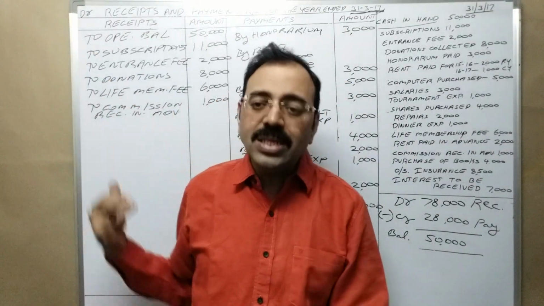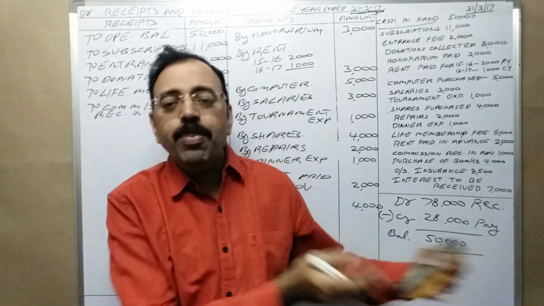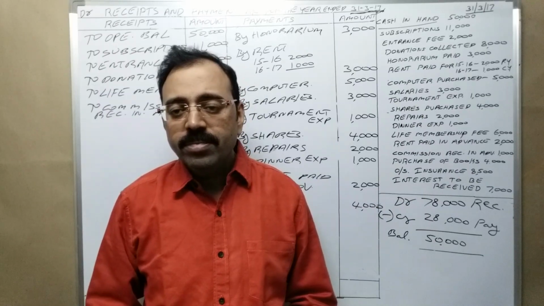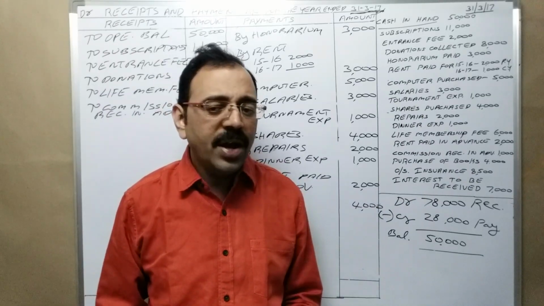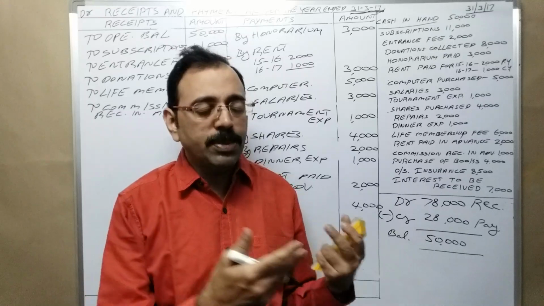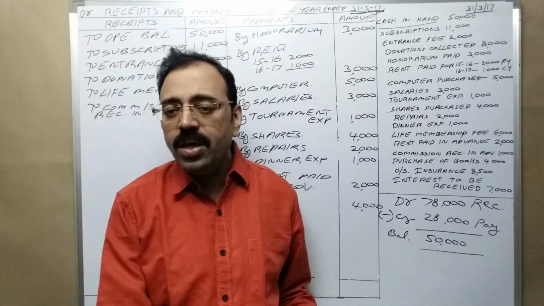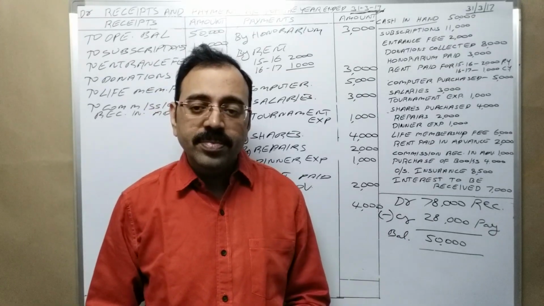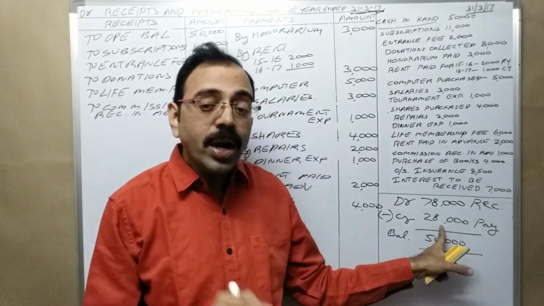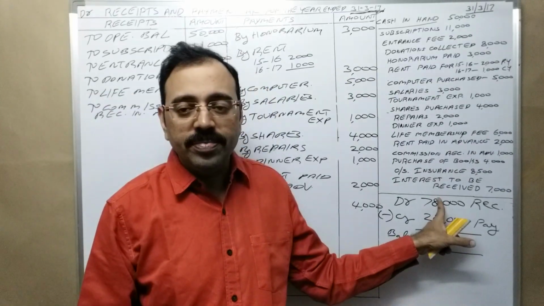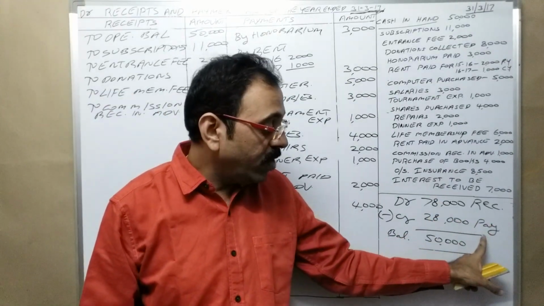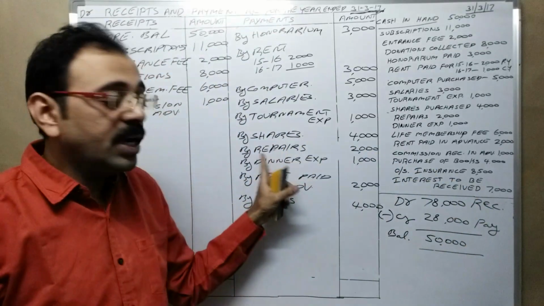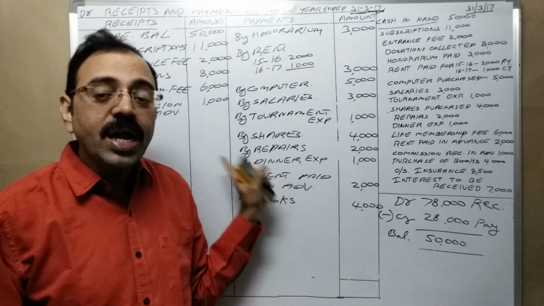So, from the amount we received, only that much we pay. Assume in your pocket there are 100 rupees. Up to how much can you spend? 100 only. The expenditure may be 60, 50, 95, 100, but not 120. So your expenditure should not exceed your income. So payments will always be less than the receipts. That is why in the receipts and payments account you should have a debit balance.